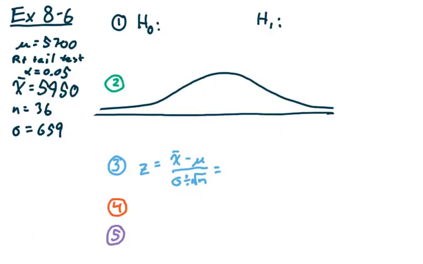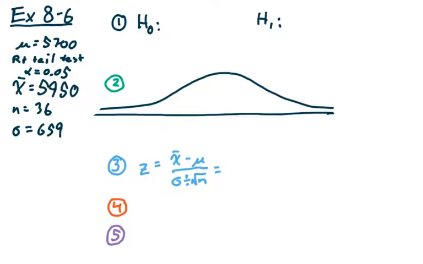Okay, so I'm going to just quickly go through example 8-6 on the cost of college tuition. Let's read the question really quickly. A researcher wishes to test the claim that the average cost of tuition and fees at a four-year public college is greater than $5,700.